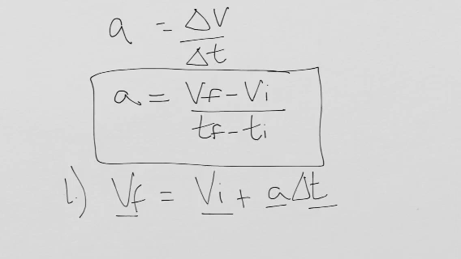Okay? So those are the styles of problems that you're going to get, and we will practice them. All right, so equation number 1 is pretty much one of the simplest equations that we've got. So we're going to move on to equation number 2.